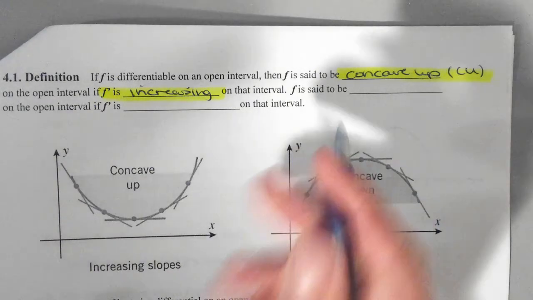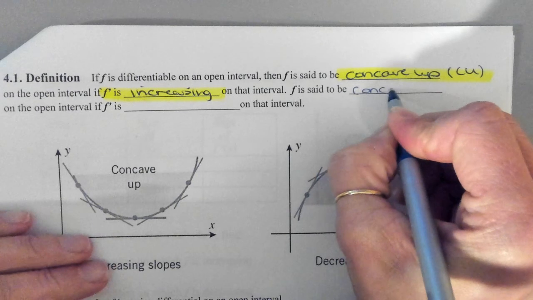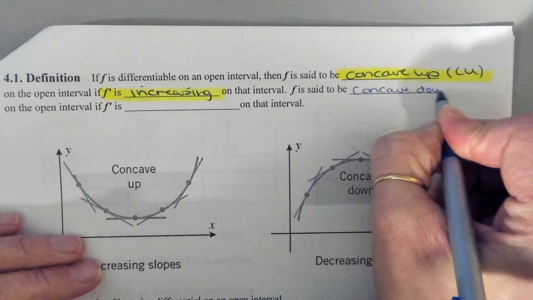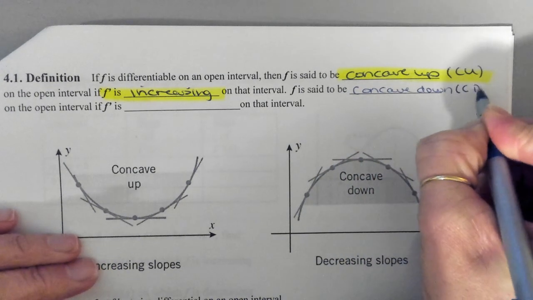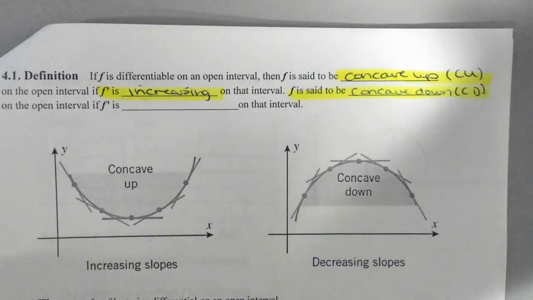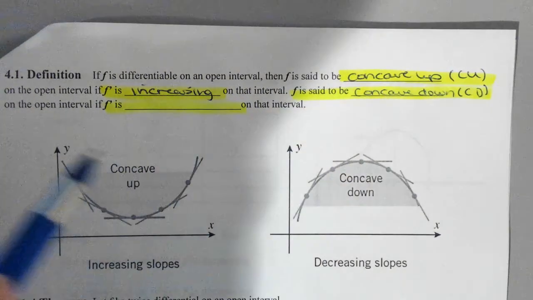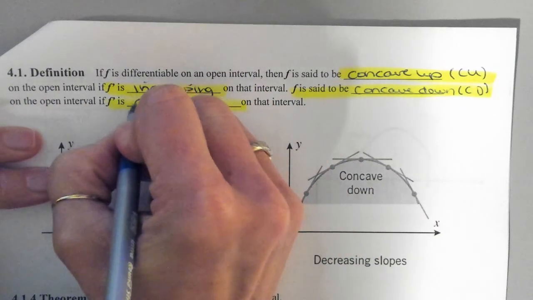Okay. So then f is considered to be concave down, or CD, on the open interval if f prime is decreasing on that interval.